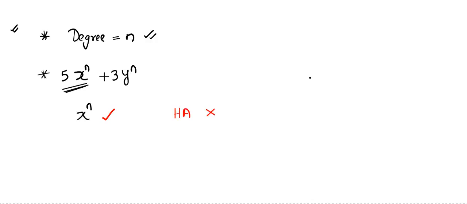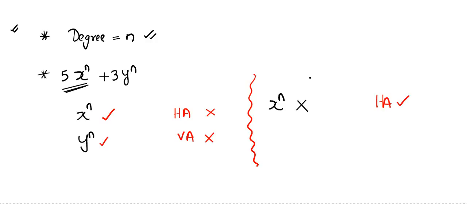Please note it. If y power n is present, vertical asymptotes are absent. Similarly, the reverse: if x power n is absent, horizontal asymptotes are present. If y power n is absent, vertical asymptotes are present.